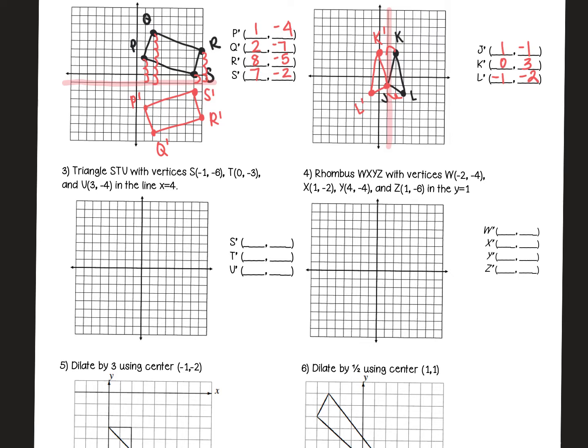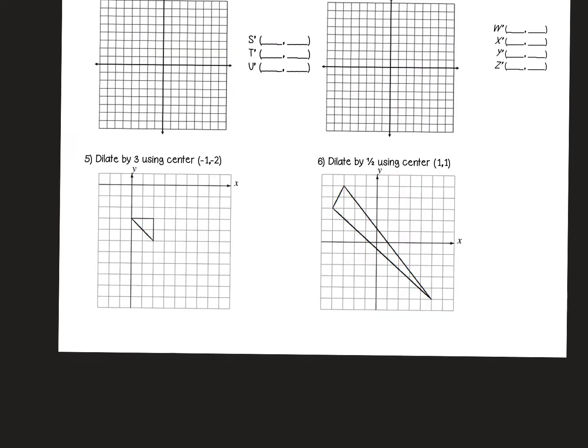To dilate by 3 using center (-1, -2), we're going to start by graphing the point (-1, -2). So that point is right here. I like to label my points on my triangle, so I'm going to call this triangle ABC. And what you want to do is count directions from your center to each point.